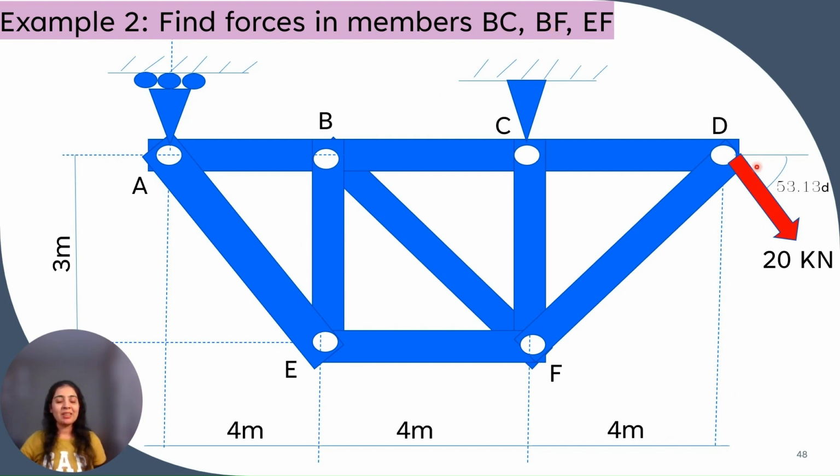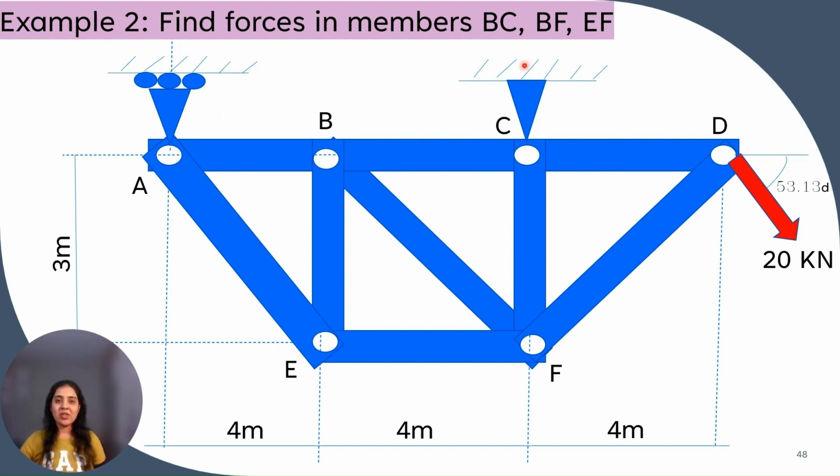So this is the given truss and members A, B, C, D and AE is there, EF and FD, and joint load of 20 kilonewton inclined at an angle of 53.13 degrees is given, and at point A it is a roller support, and at joint C it is a pin support.